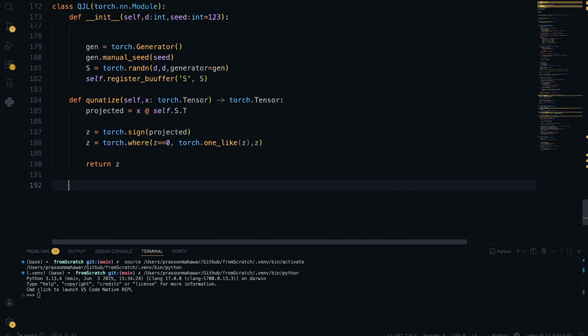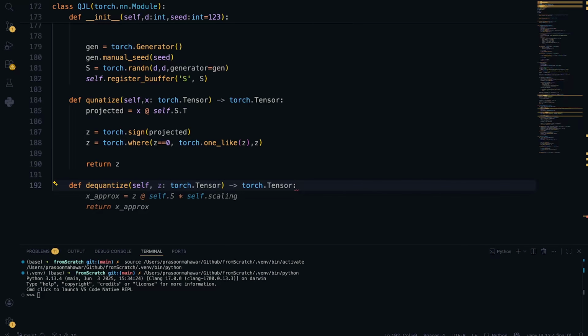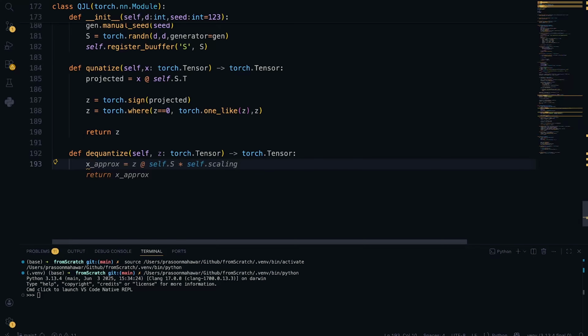Okay, so the next one will be dequantize. Again it will have self and z as a torch tensor. So the first line will be x approx. We are basically reconstructing the approximate vector from signs.